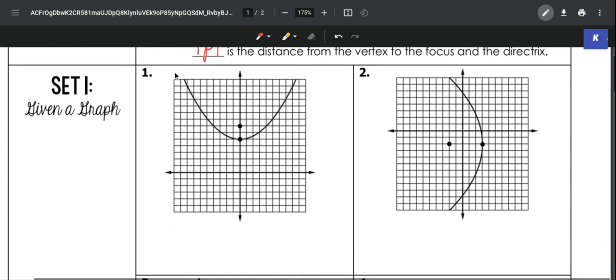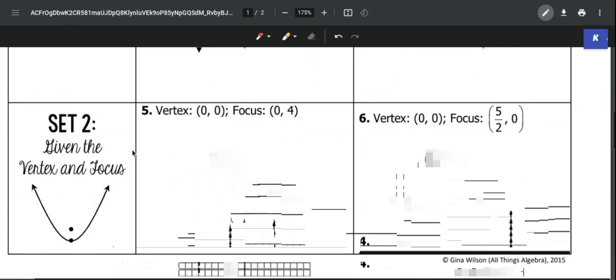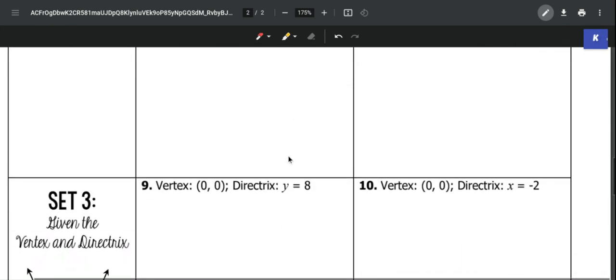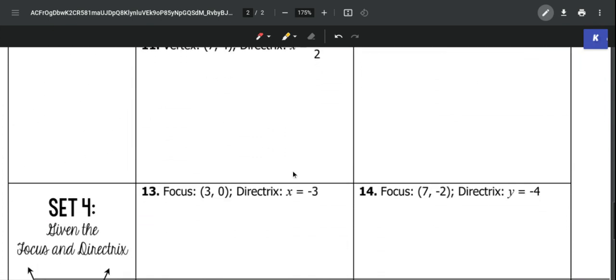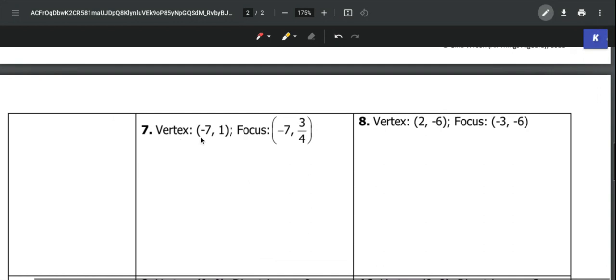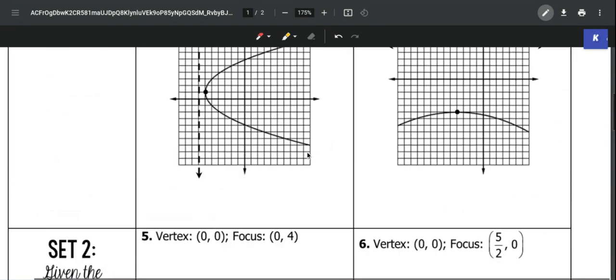So we'll be looking at given a graph, and then we'll be looking at given a vertex and a focus, which they also give you some stuff where you're just given the directrix, but I'm just not going to worry about all that stuff. We're going to worry about just the vertex and the focus.